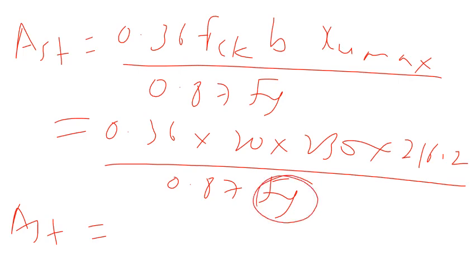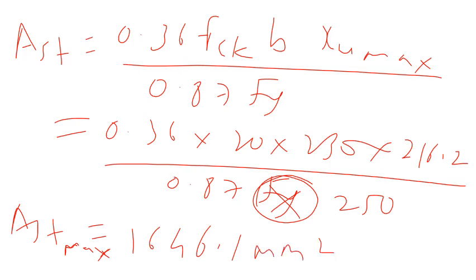I will enter the actual value of FY, this is 250. So AST max, or AST for the balanced section, will come to 1646.1 millimeter square.